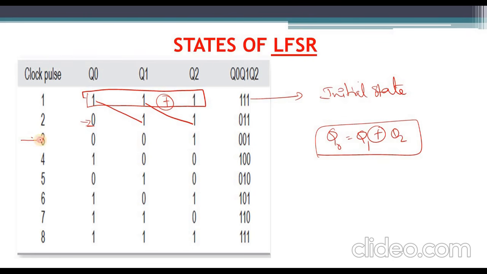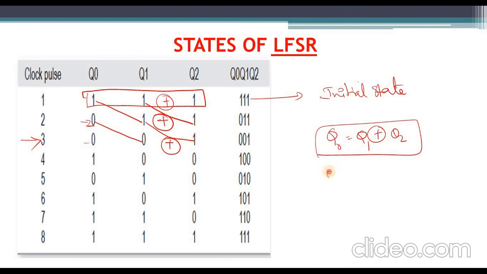After the third clock pulse is applied, we have to perform the XOR operation between Q1 and Q2. That means 1 XOR 1, that is 0. This 0 will transfer to this side, and the Q1 data will transfer to Q2. Again we perform the XOR operation between 0 and 1.